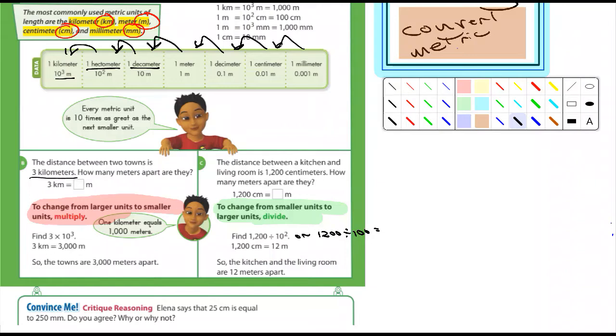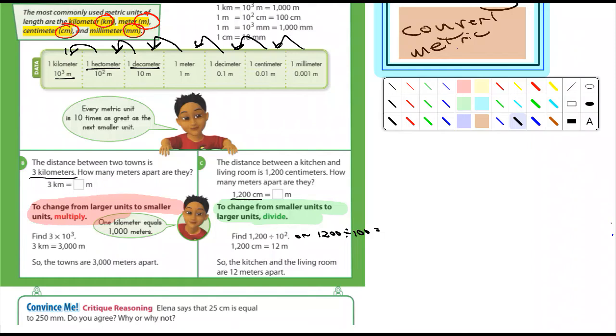Then it says the distance between a kitchen and a living room is 1,200 centimeters. And 1,200 centimeters equals how many meters? Well, we're dividing. Here's centimeters right here, and we're going 2 places to meters.